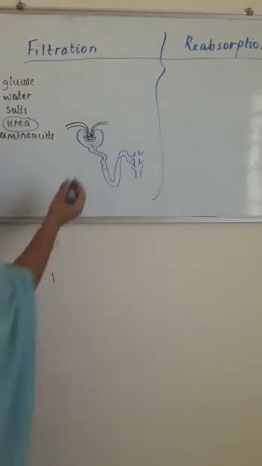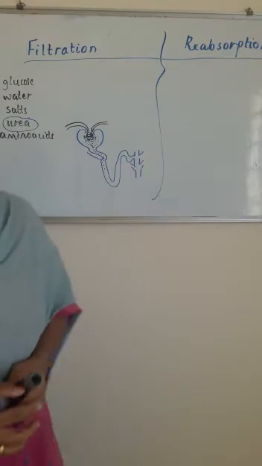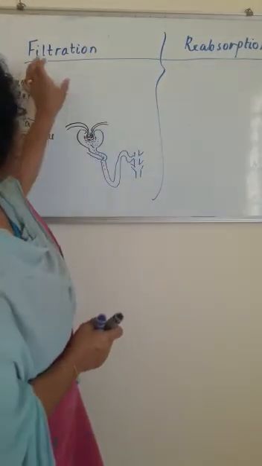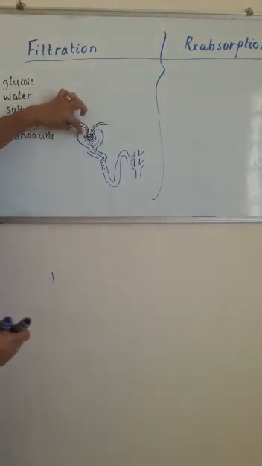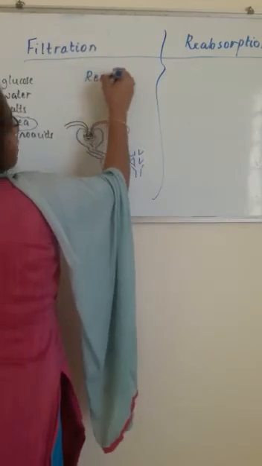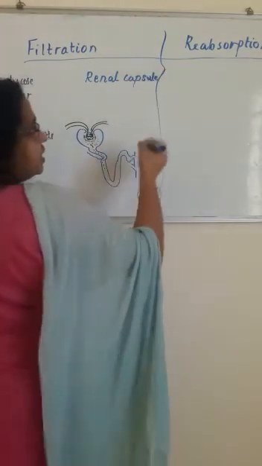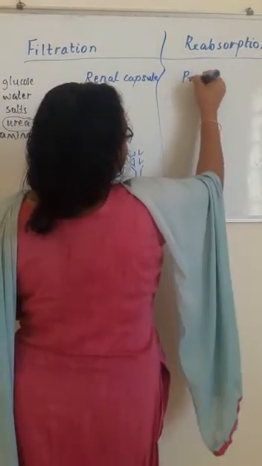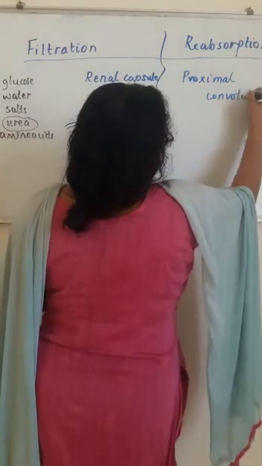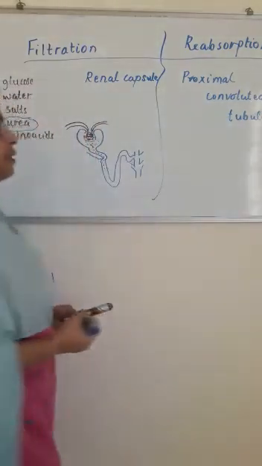That is occurring here in the proximal convoluted tubule. So these two things: filtration is occurring where? In the renal capsule. And in the proximal convoluted tubule most of the useful substances are reabsorbed back.